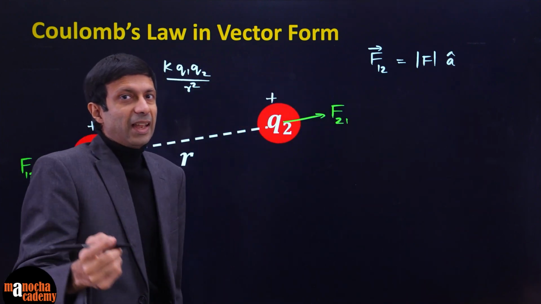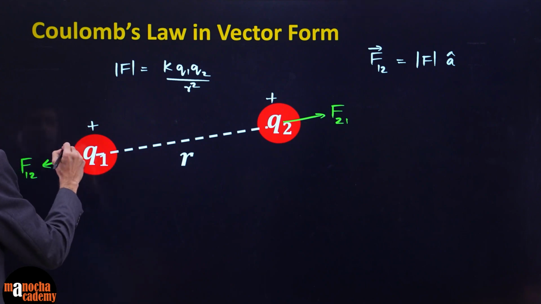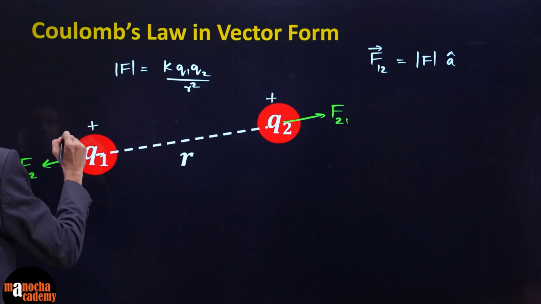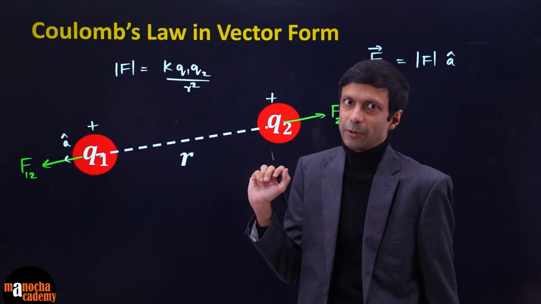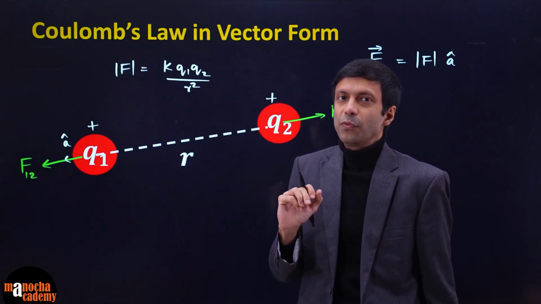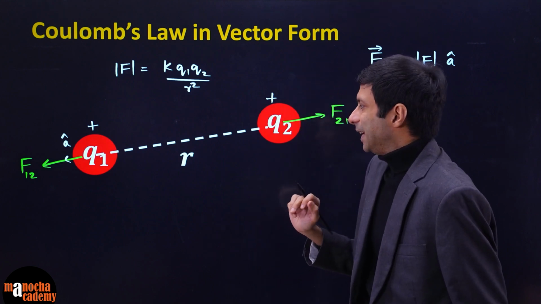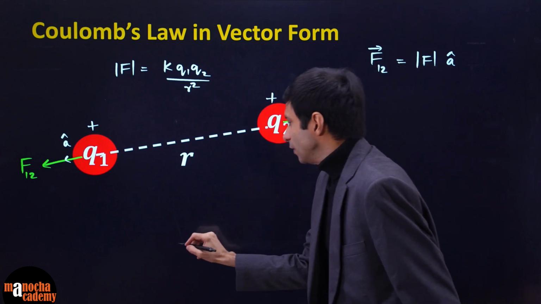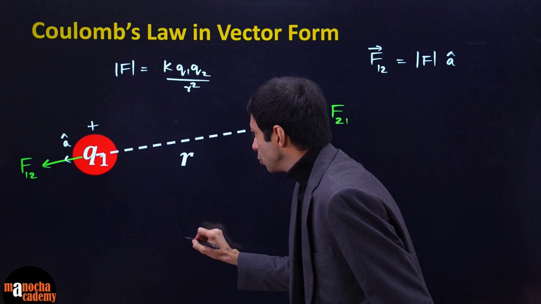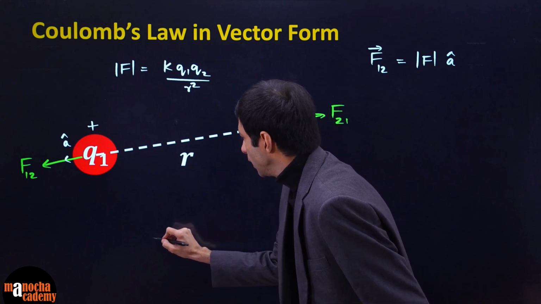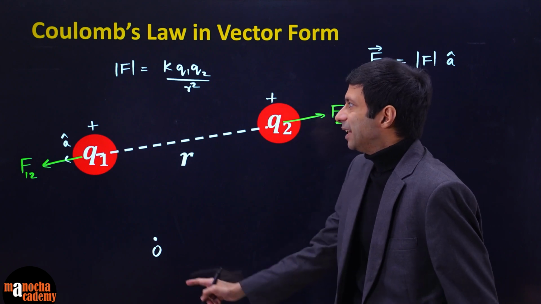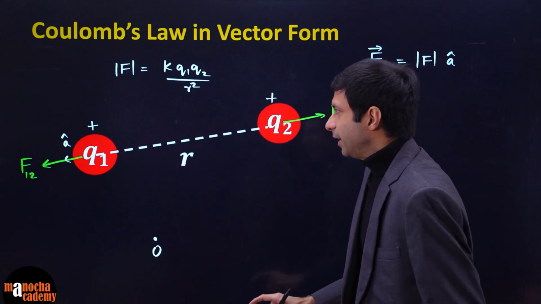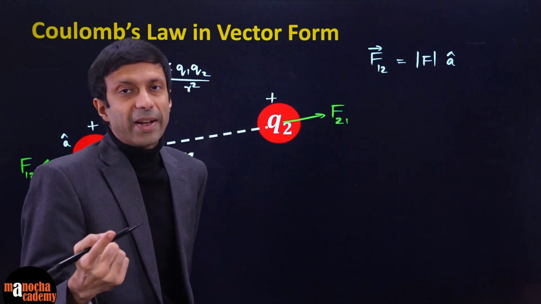Now this unit vector A should be in this direction, right? In the direction of this force. So we have to say the unit vector A cap or A hat should be along this direction. Now how do I characterize that unit vector? So what we are going to do is take some arbitrary point, some origin right here, O, and I say that Q1 is located at vector R1.